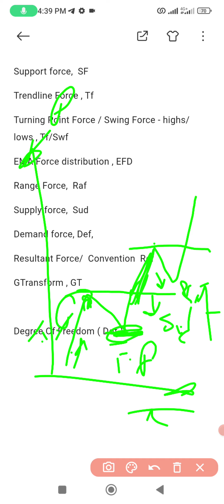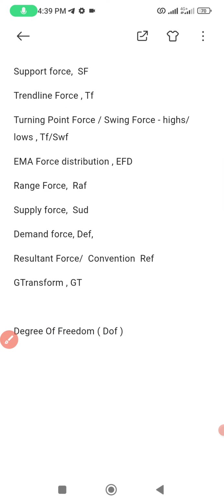It's very important. Let's start with the geometrical transformation.